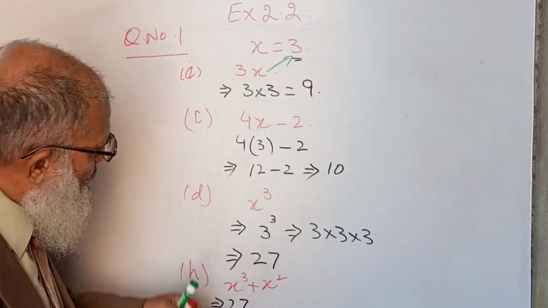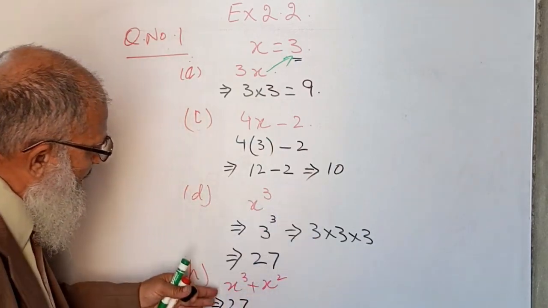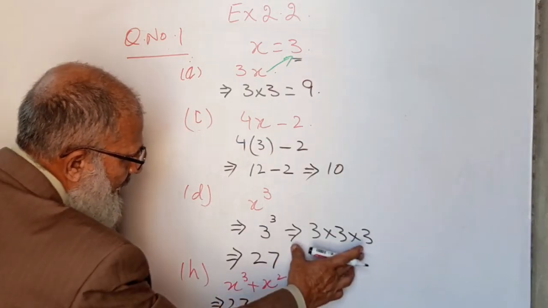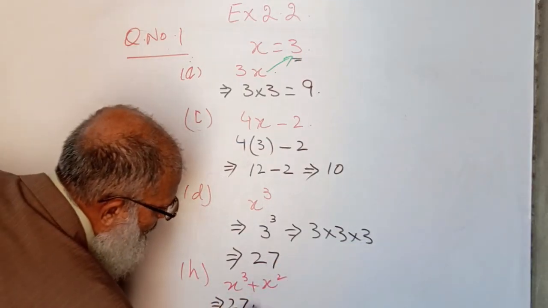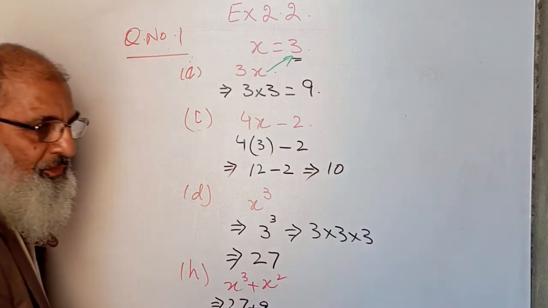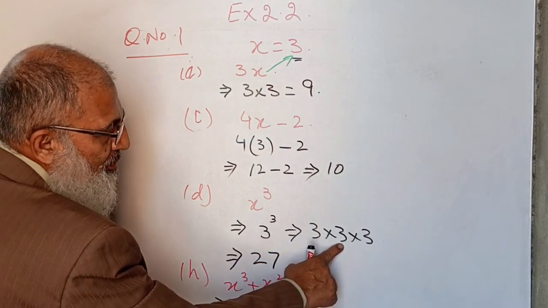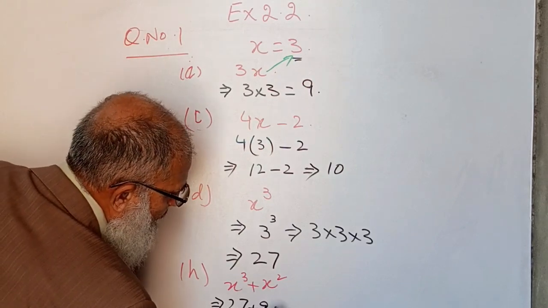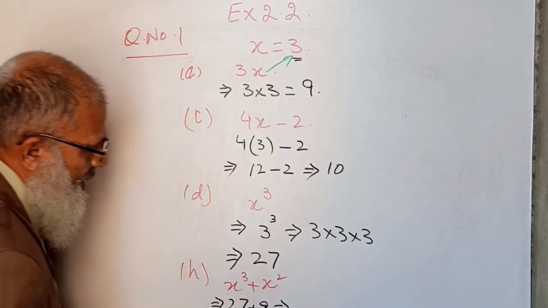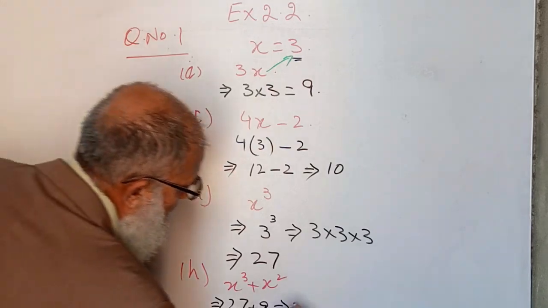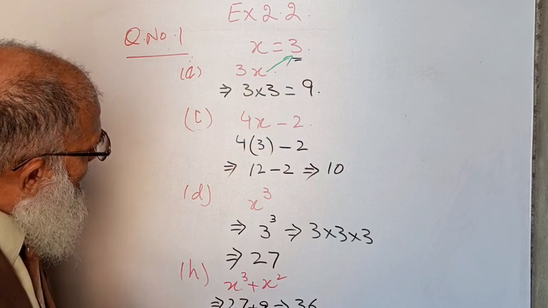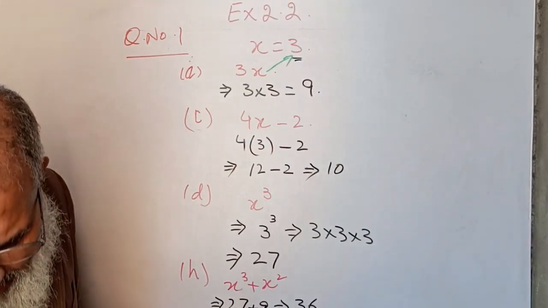Well, we have to do it in this way, but since I have the value, I have not done it twice. So x square is 9, 3 multiplied by 3 or 3 times 3 is 9. So what will it become? 36. So you see how simple this part is.